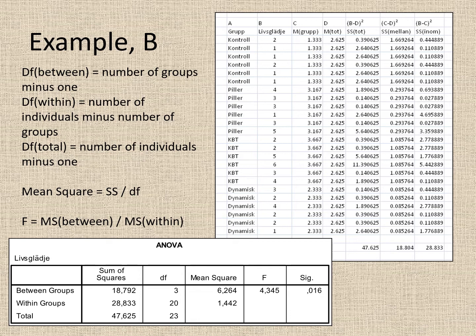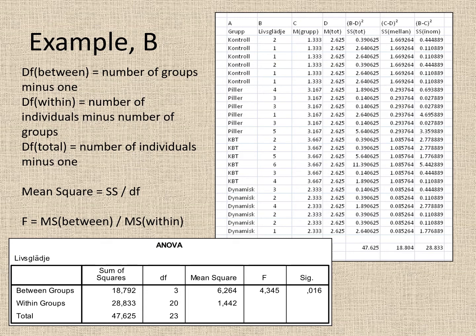Then we get the next value here. Significance level, 0.016. What does it stand for? Well, we know the distribution of F values, F ratios, given that the null hypothesis is correct.